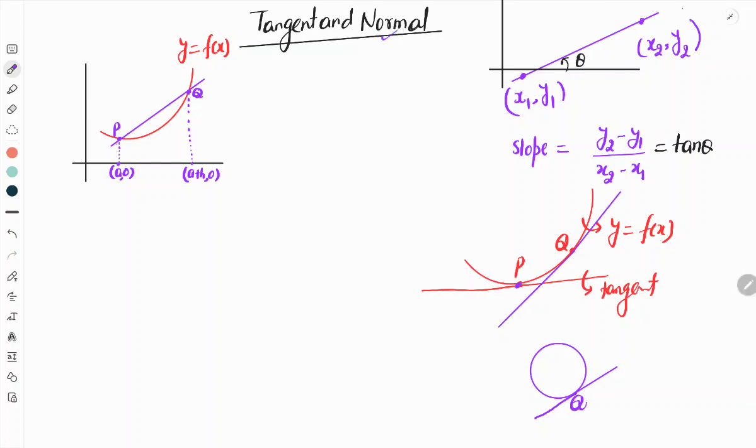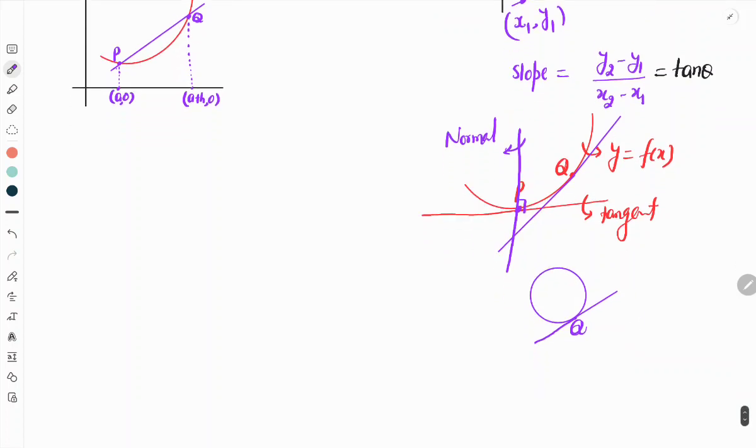What is the normal? At the same point where the tangent is there, at point P, if you draw a line such that the line is perpendicular to the tangent, then this line is called normal. So you can say in a circle normal will be there.